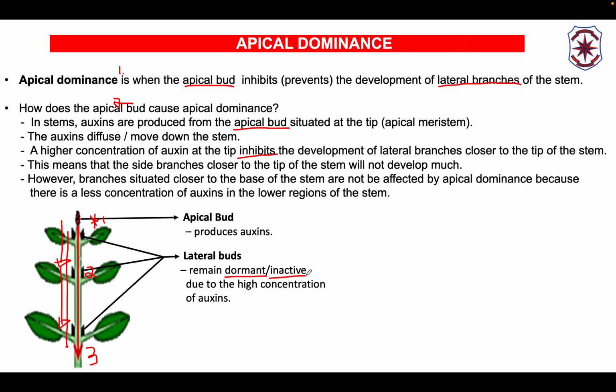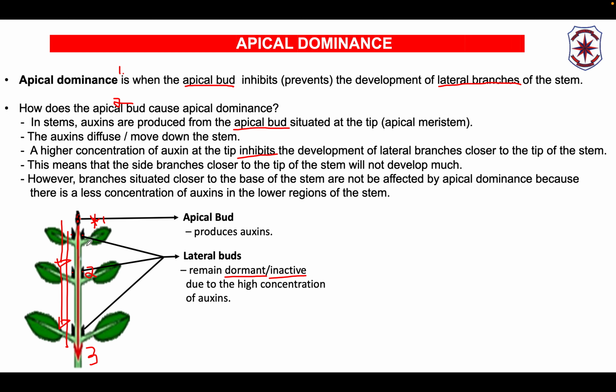It prevents them from being active and producing lateral branches. So the high concentration of auxins keeps the lateral buds dormant.